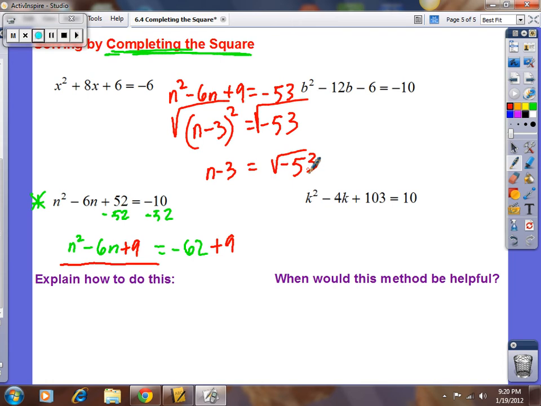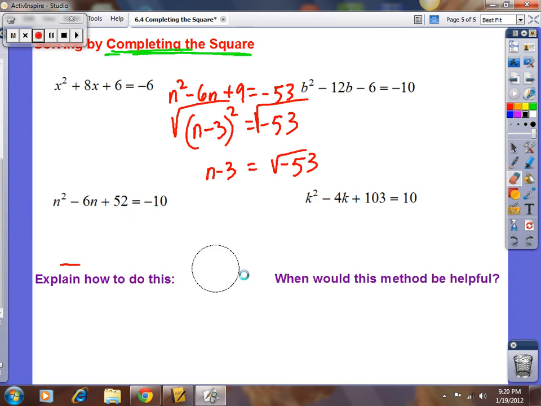Okay, now if you remember, square root of a negative anything is an impossible feat to try. So now we're leaving the set of real numbers and we're going to play around in the set of imaginary numbers. So let me erase some of this stuff. So from here I am going to write this as n minus 3 equals square root of a negative 1 times square root of 53.